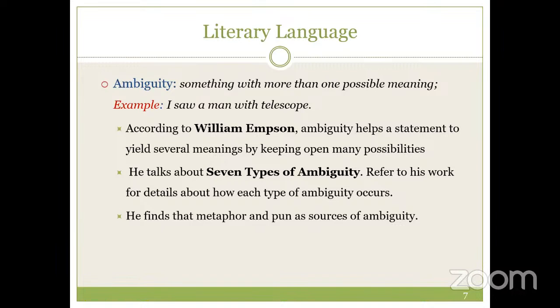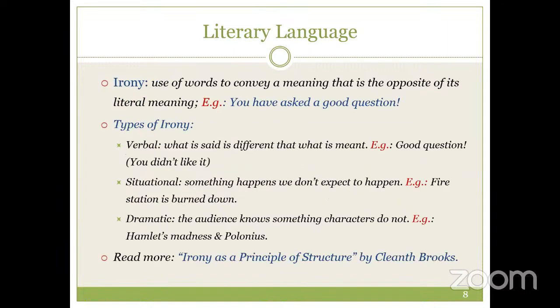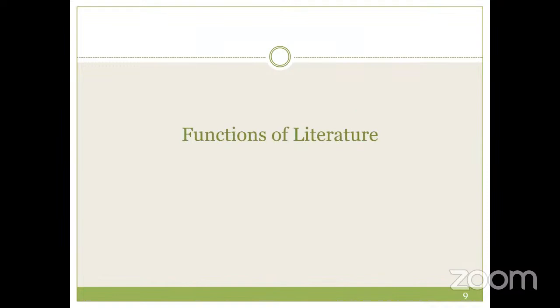Within that, we talked about irony and ambiguity, and the different types of irony discussed by Cleanth Brooks and different types of ambiguity discussed by William Empson. Today, we will be talking about functions of literature.